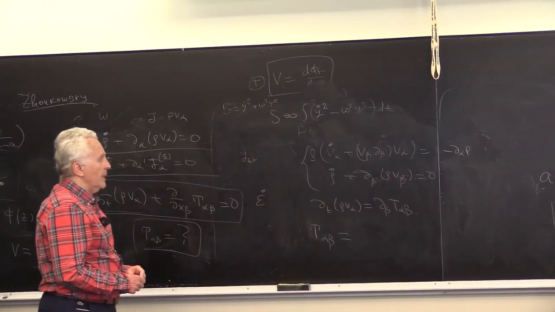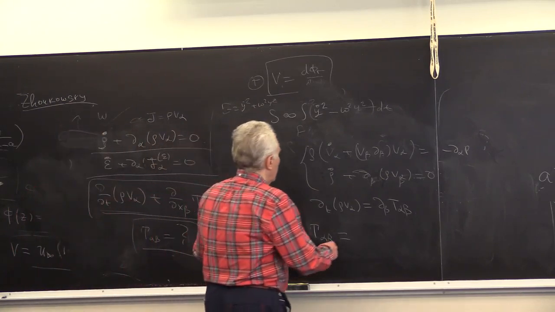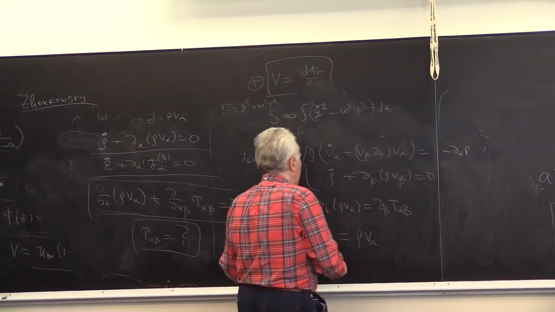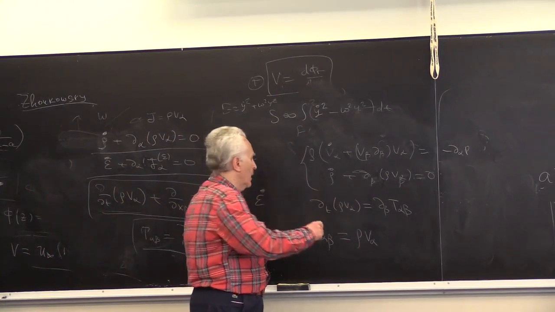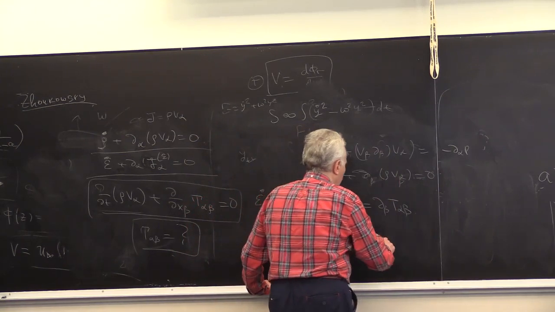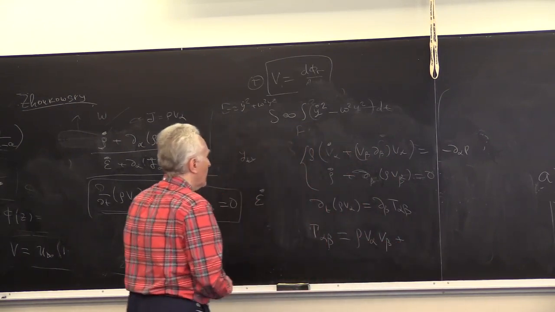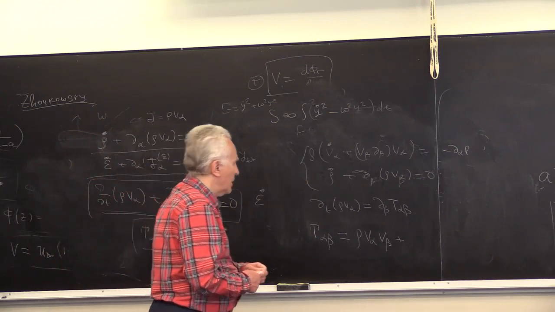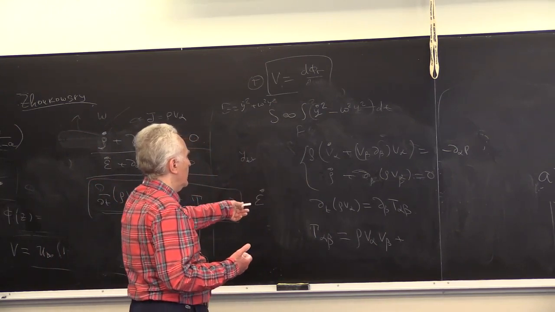What is T alpha beta? Rho v alpha v beta. Yeah, it will contain almost that. The key point is that it should be a tensor, which means that it depends on our variables, rho and v, and it should have the tensor structure.